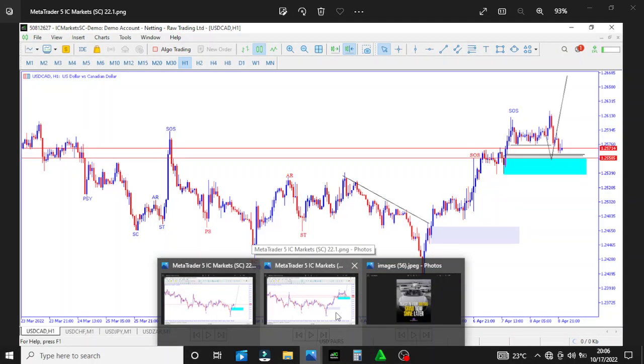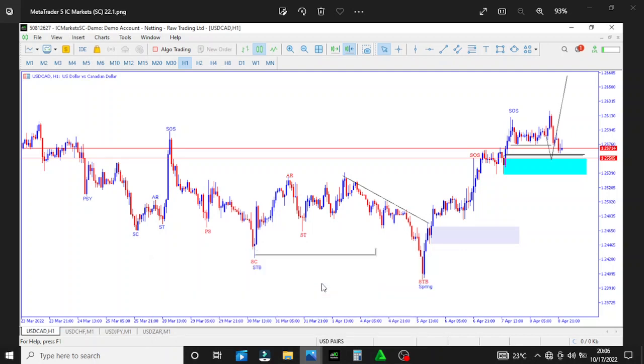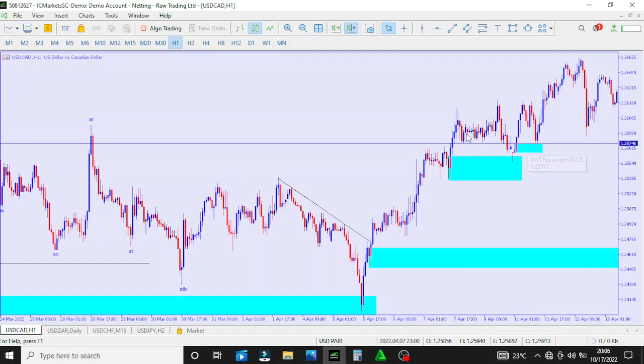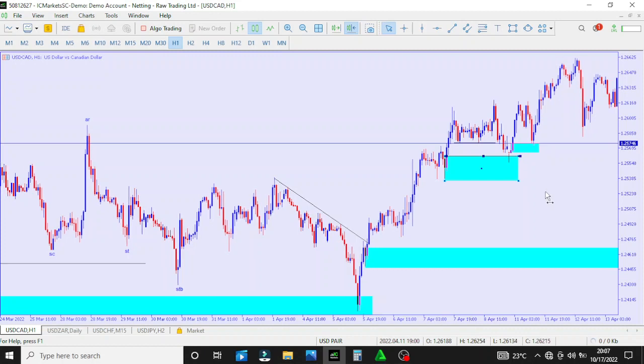This trade idea, this one, and these equal lows, it went on to create a new higher high with a risk reward of 1:4. Not bad.